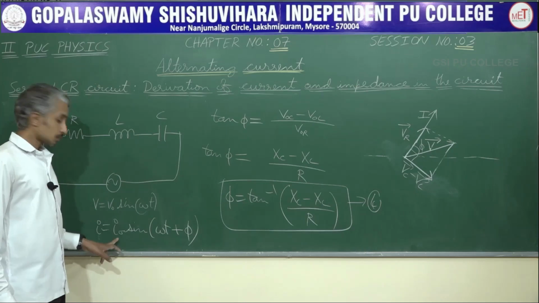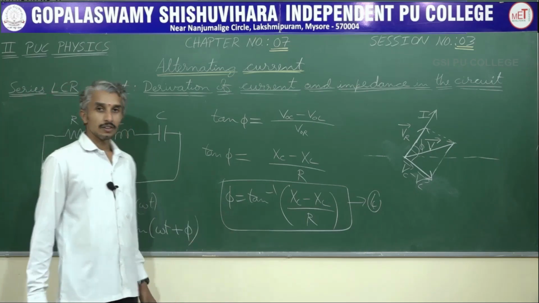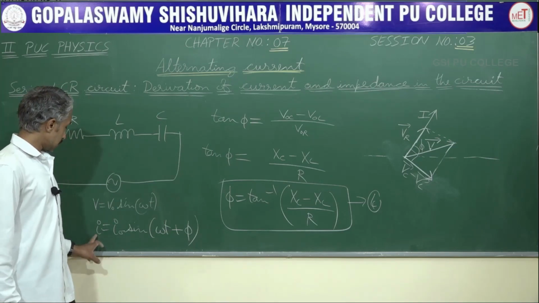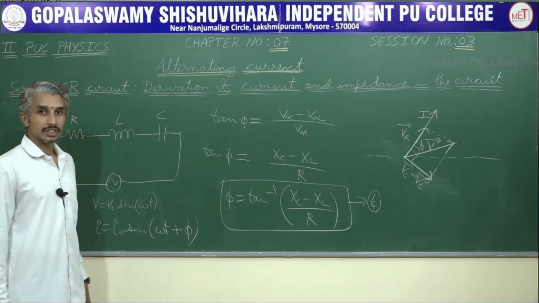We have derived the expression for I naught, also the expression for phi. So, this will complete the derivation for instantaneous current or the AC current in a series LCR circuit. That is it.